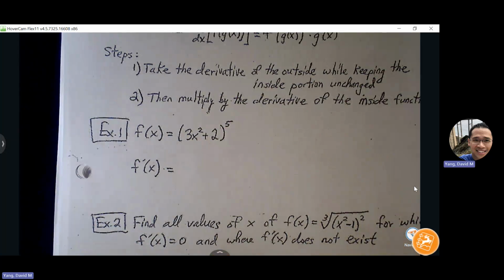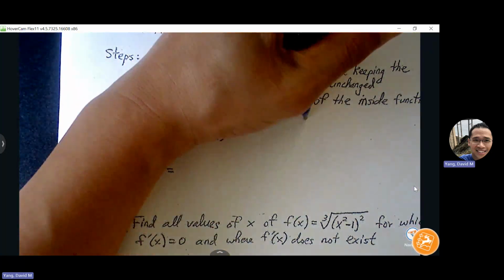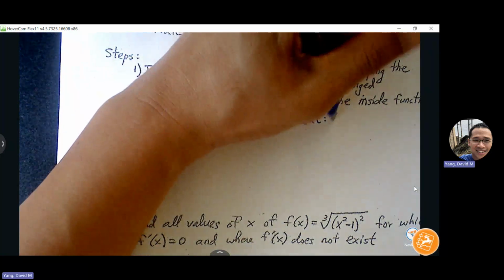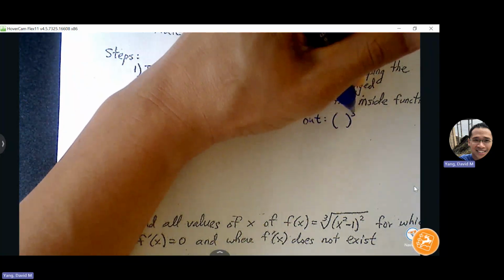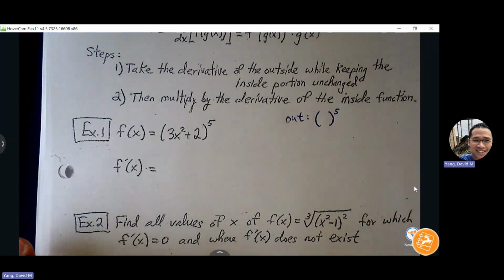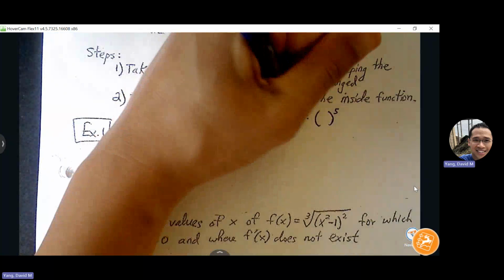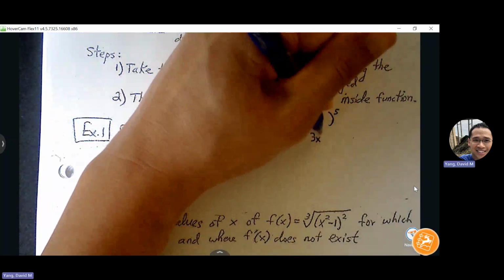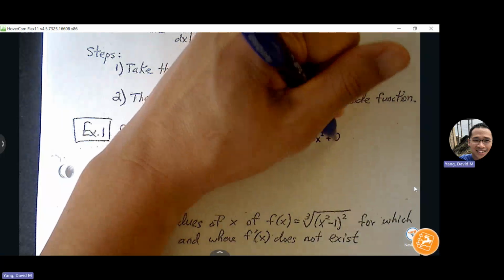Think of the outside function as what you see with the parentheses and what's outside the parentheses. So imagine there's an outside function that is parentheses to the 5th power. And then the inside portion is the 3x squared plus 2.